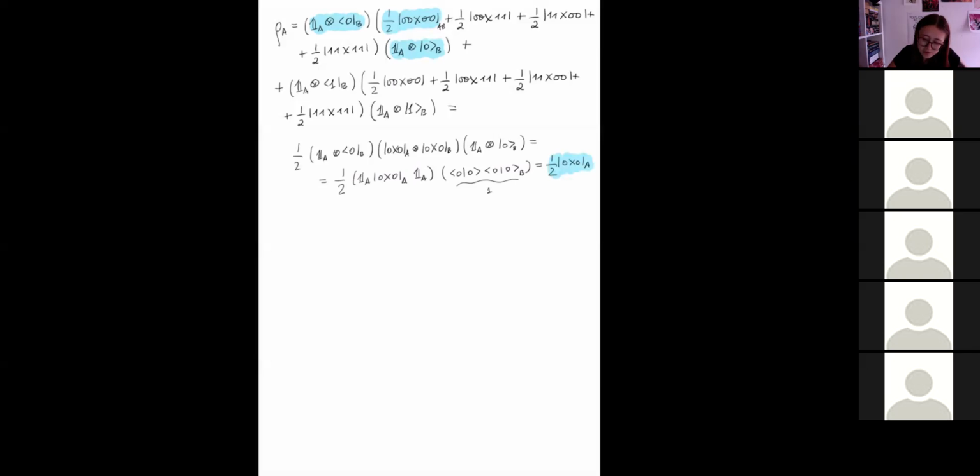Okay, now let's consider the next element, this one here. I'm claiming that this element, if it's acted upon on the left and right with 1 by 0 and 1 by 0, will yield 0. Why? Because we're looking at the product of the 1 on the system B here and the 0 on the system B here, and these two states are orthogonal.